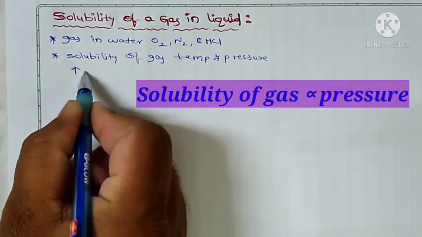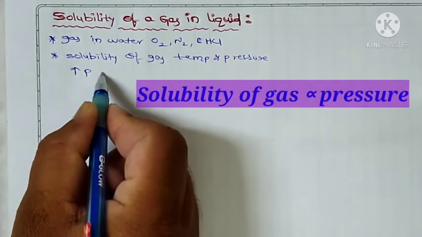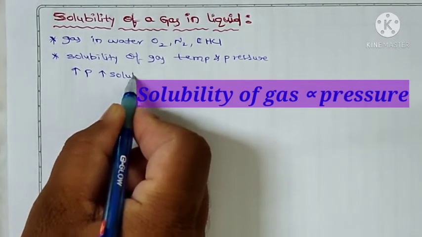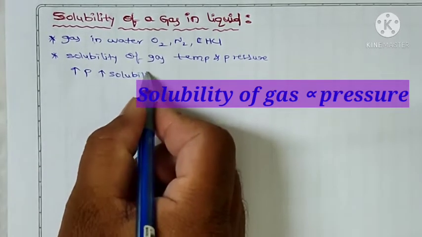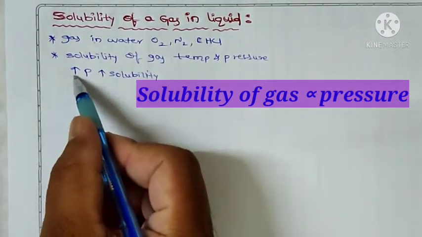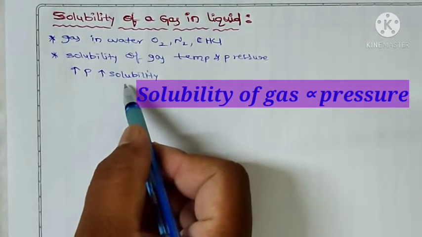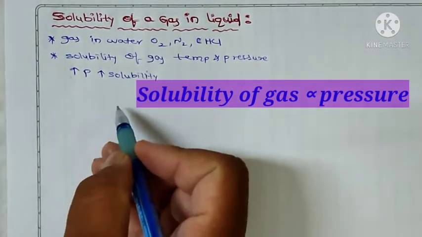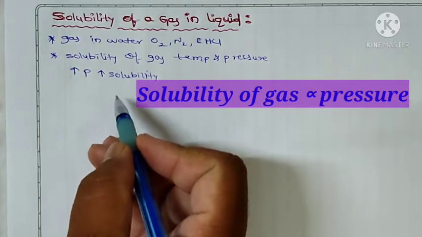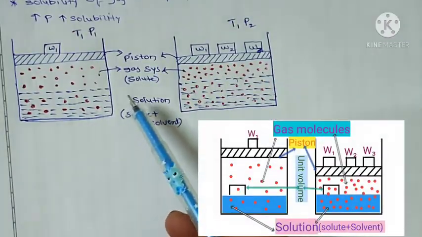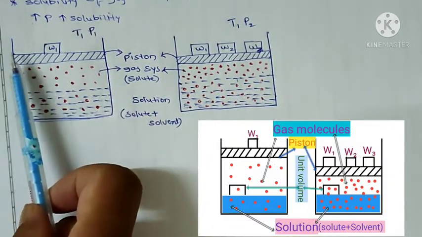With the increasing of pressure, the solubility also increases. So let me take one example for solubility of gas in liquid. See here, I'm taking a cylinder.